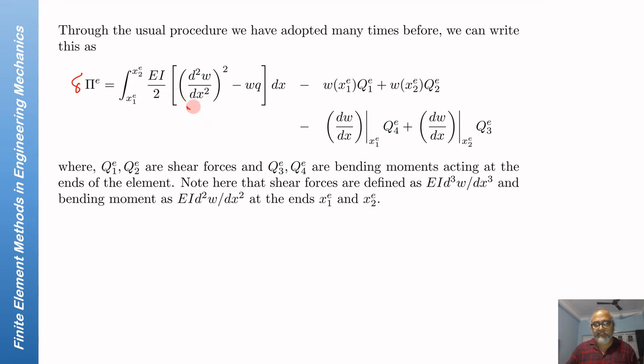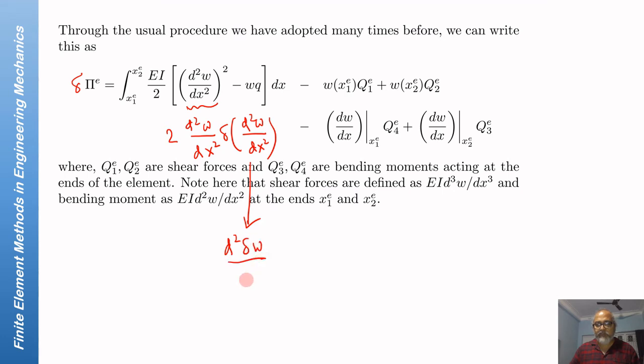So this term will give you 2 times d square W dx square delta of d square W dx square. And this will be same as d square delta W by dx square. So that's the first term. This term will simply give you q times W. These will lead to q1e times delta W at x1e.